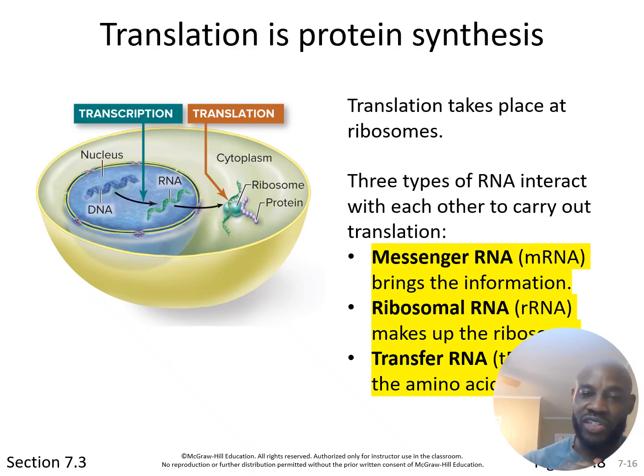Translation takes place at the ribosome. So once we've copied a section of the DNA, a gene, it exits the nucleus, and at the site of a ribosome, with the help of messenger RNA, ribosomal RNA and transfer RNA, it can then carry out translation, which is converting that code into protein.